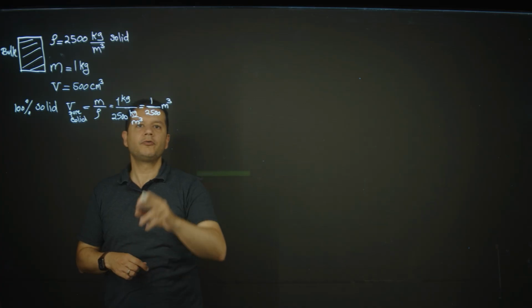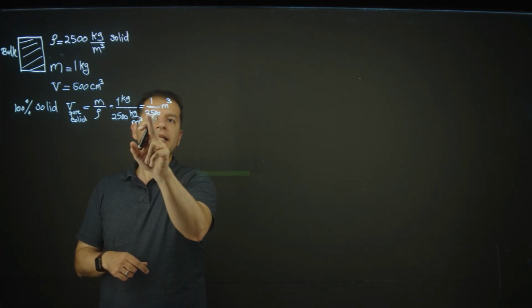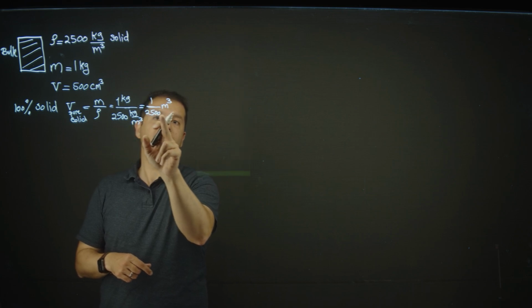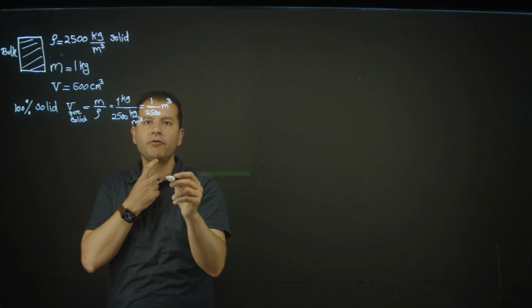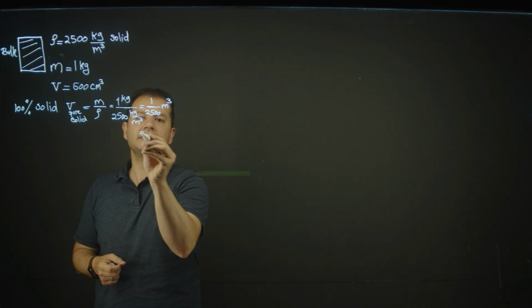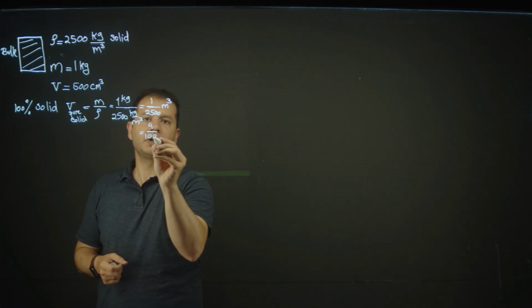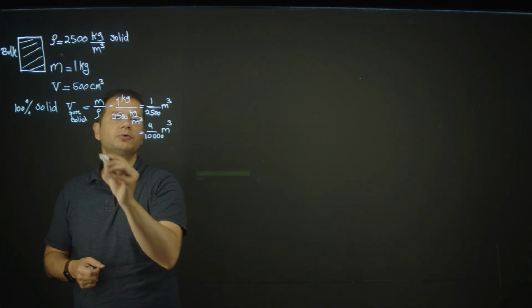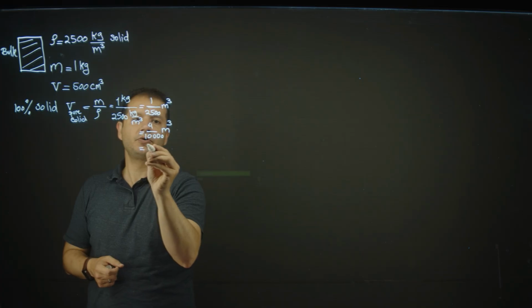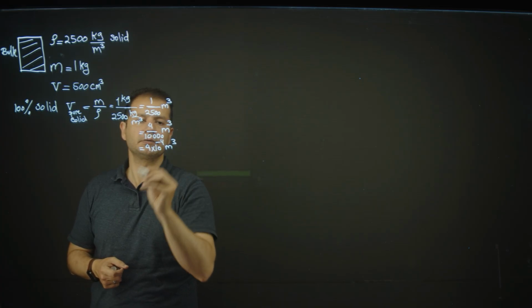If I multiply numerator and denominator by 4, 4 times 25 is 100, so I get 4 over 10,000. That is my volume of the pure solid, which is 4 times 10 to the minus 4 cubic meter.